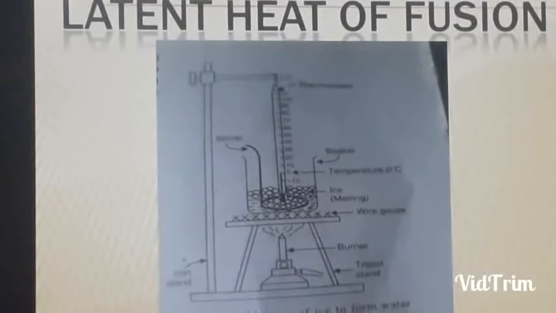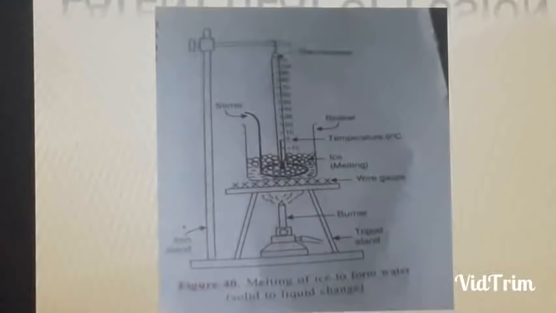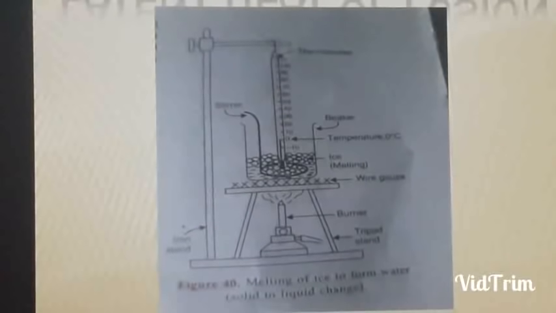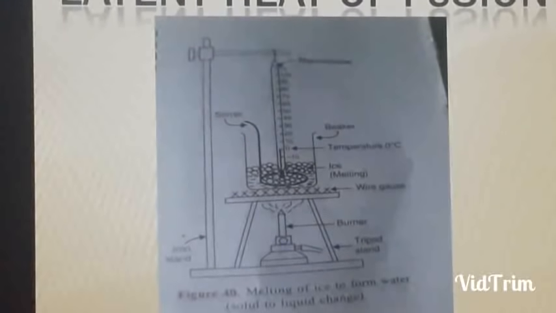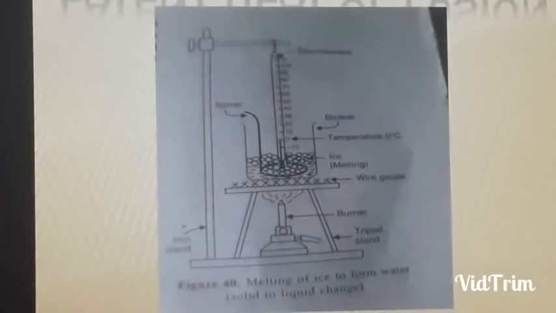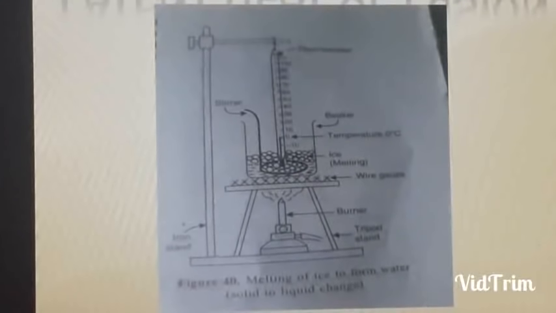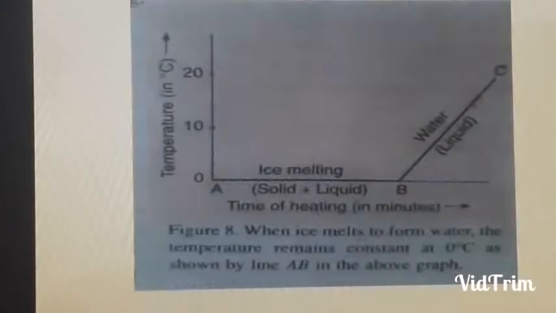There is some ice still in the beaker which is getting converted, and you can say the thermometer is waiting for that ice also to melt. Only when the whole of the ice in the beaker gets melted to water, the thermometer will show the rise, otherwise it will stop at 0 degrees Celsius. Okay. Now, why does this happen?